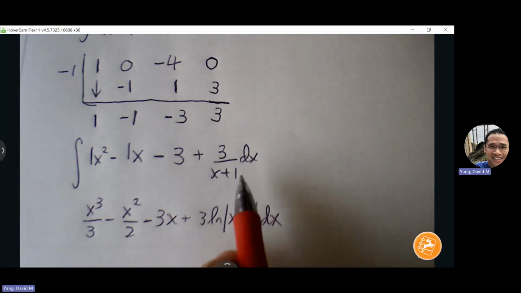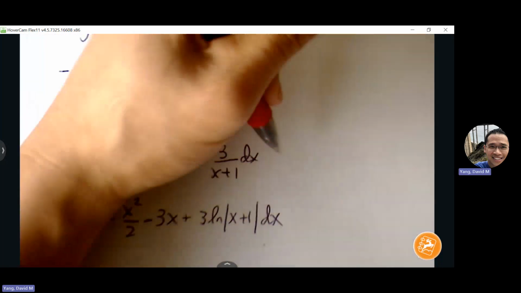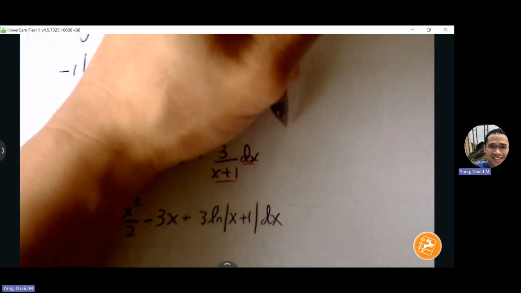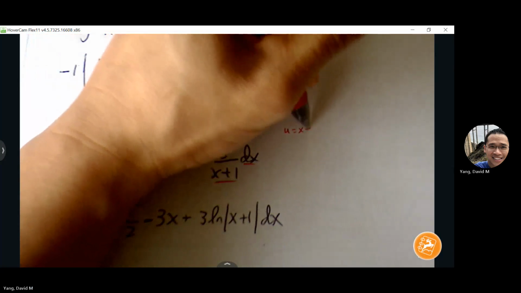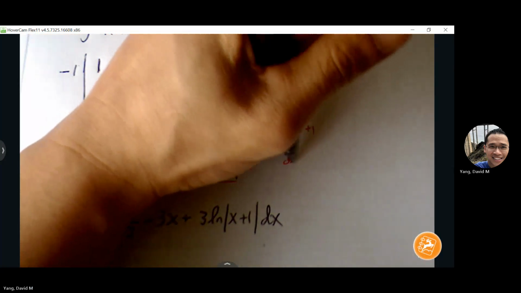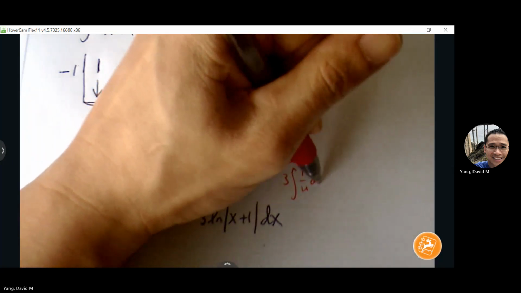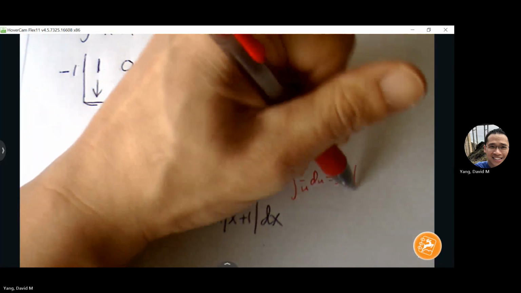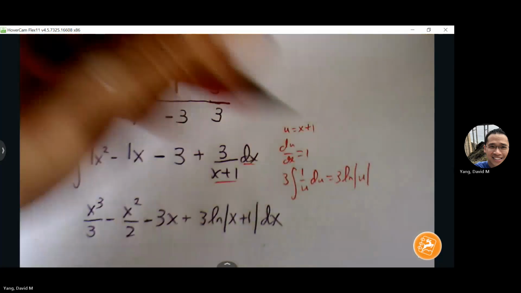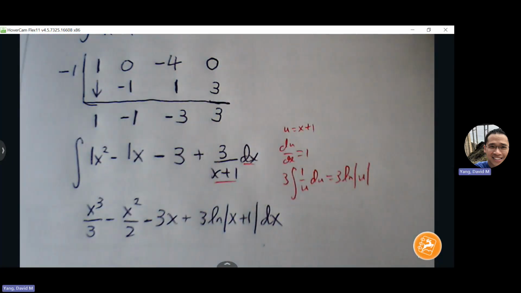You can jump from here to here if you're comfortable, but otherwise you can also go through u substitution. Sorry, I don't know why I put that dx there. It should be plus c at the end.